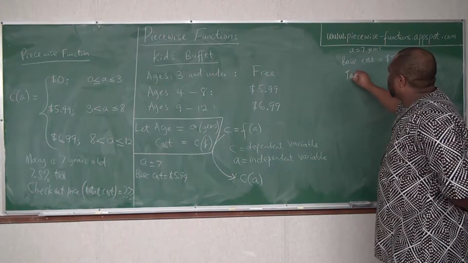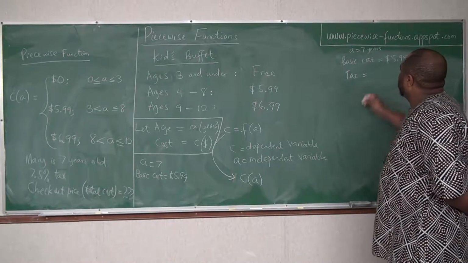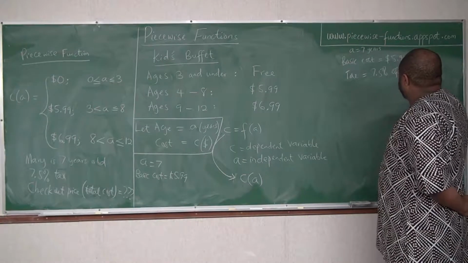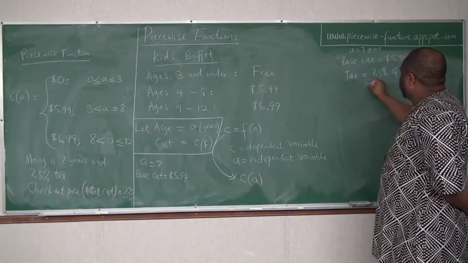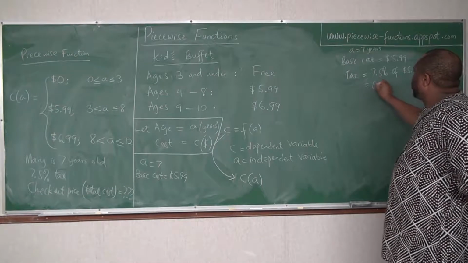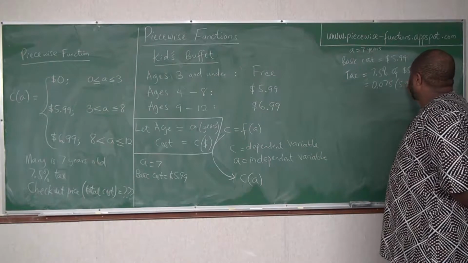Now the tax, 7.5% of $5.99. So that is 7.5 divided by 100, which is 0.075, times 5.99.